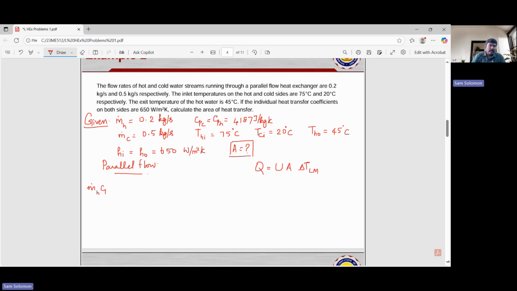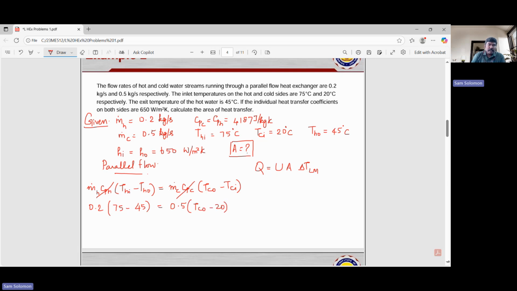So m dot h Cph (Thi minus Tho) is going to be equal to m dot c Cpc (Tco minus Tci). Cph and Cpc are the same on both sides, so they can be cancelled out, because both the fluids are water. So 0.2 times (75 minus 45) is going to be equal to 0.5 times (Tco minus 20).